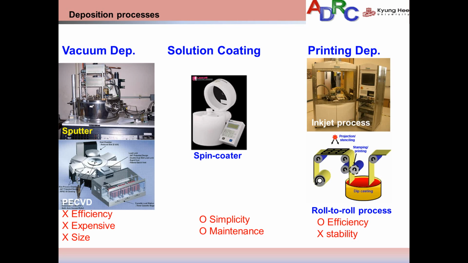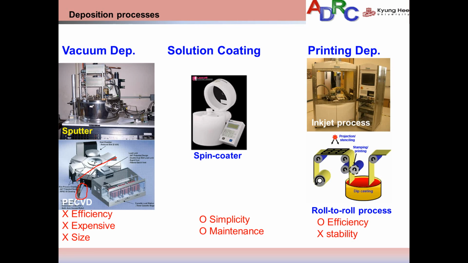These are widely used techniques in the TFT industry, in the display industry, and the main issue of this vacuum deposition is the efficiency. It is very expensive. These deposition machines are very expensive, and also the size is huge. Here you can see a depiction of a man compared to the width of one PECVD machine, and you can see that it takes a lot of space.